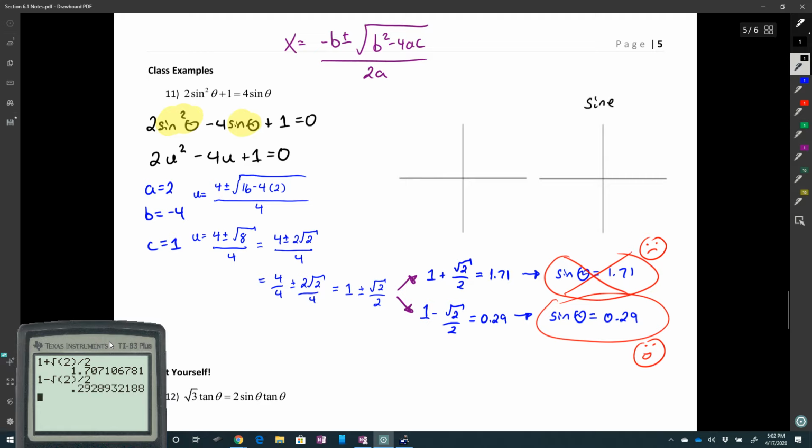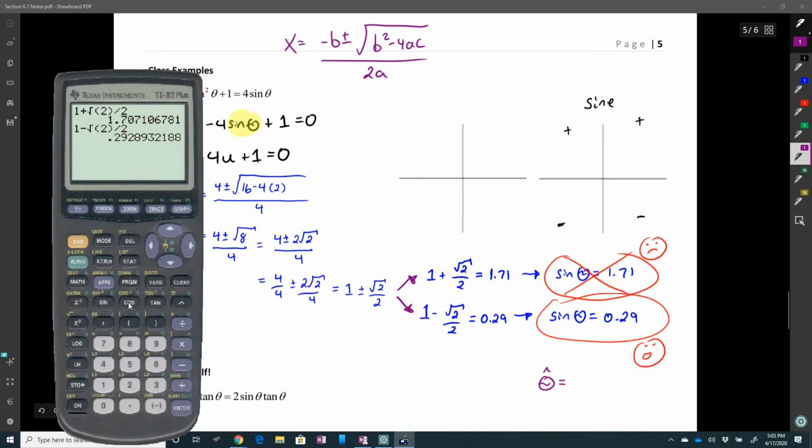So for sine, remember it's positive, positive, negative, negative. And in order to figure this out, we have to use the inverse function. So my reference angle is inverse sine of, I guess, hold on, I'll be exact, inverse sine of 1 minus square root of 2 over 2.